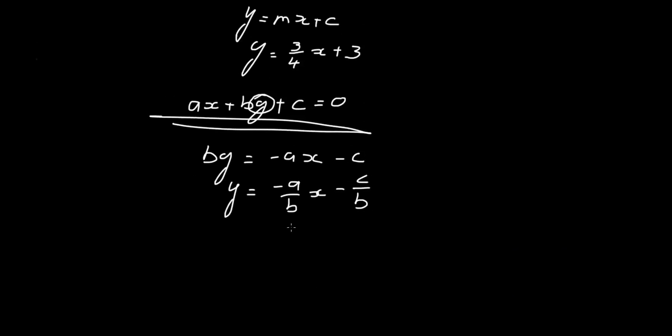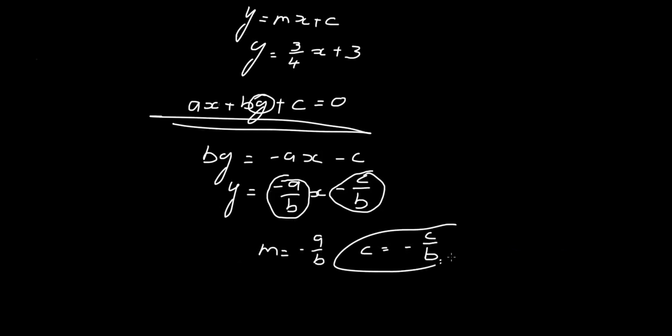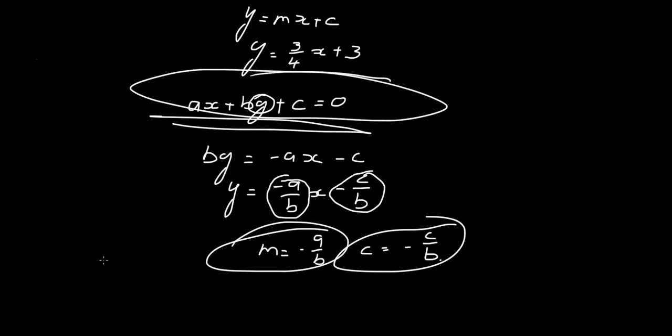And now you know that your gradient, this would usually be m, should be mx plus c. So m equals minus a over b, c equals minus c over b. Okay, and there you go, you've got your gradient and your y-intercept just by rearranging this form that's given there.